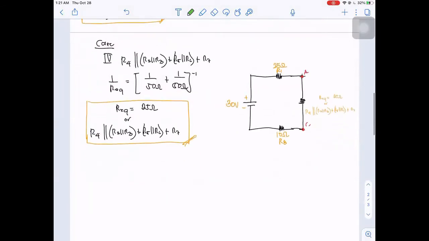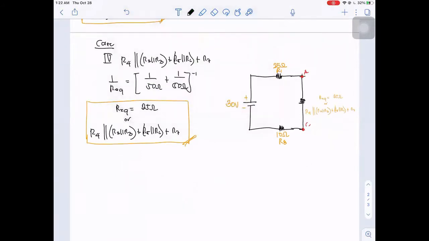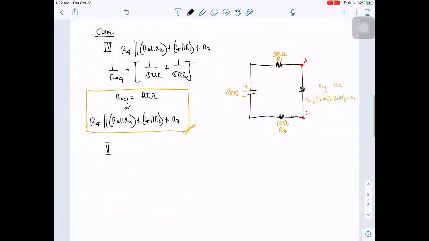So the complex circuit will now be converted to a simple single equivalent resistance.